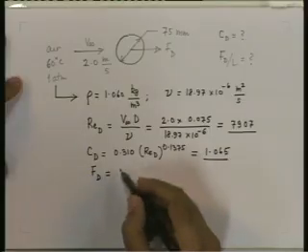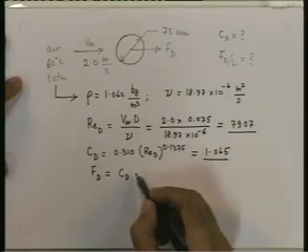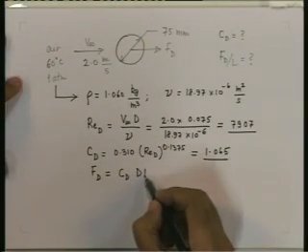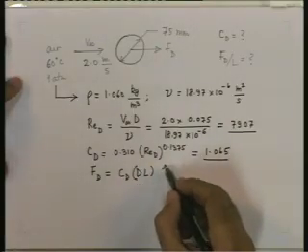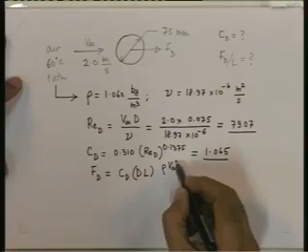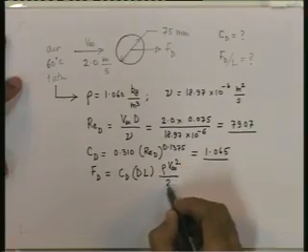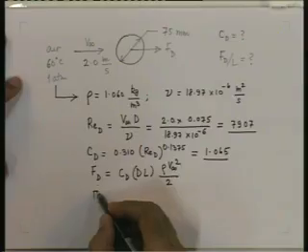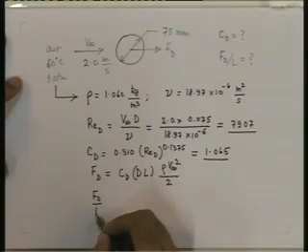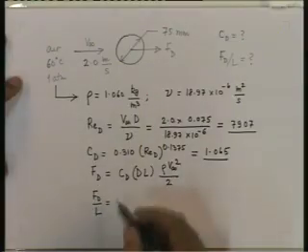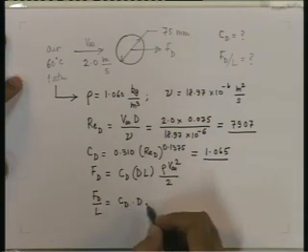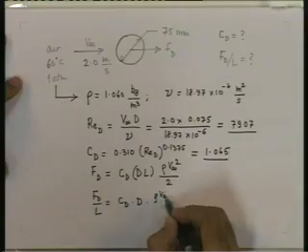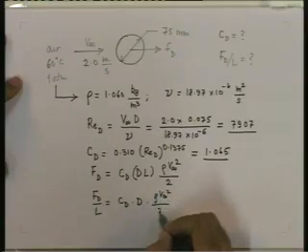The drag force is CD into projected area, which will be D into L, multiplied by rho V infinity squared by 2. And hence the drag force per unit length of the cylinder will be CD into D into rho V infinity squared by 2.